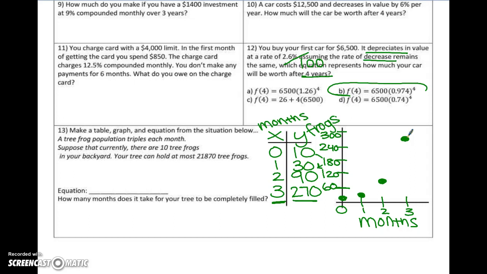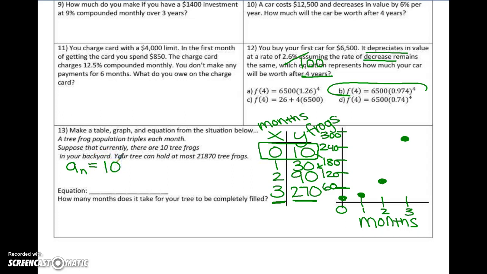Then it says that we need an equation. There's more than one way you can write out your equation. If we do subscript notation, we'd have a sub n equals the number that we're starting out with. If I use this first one here, we're starting out with 10.